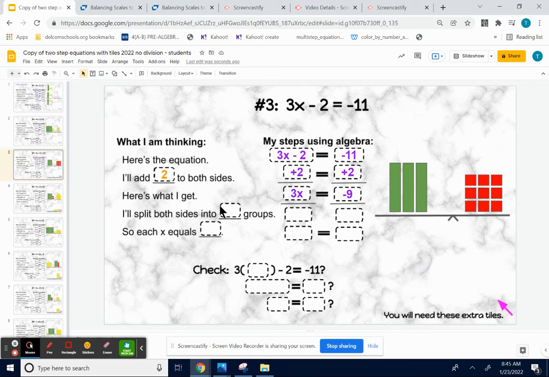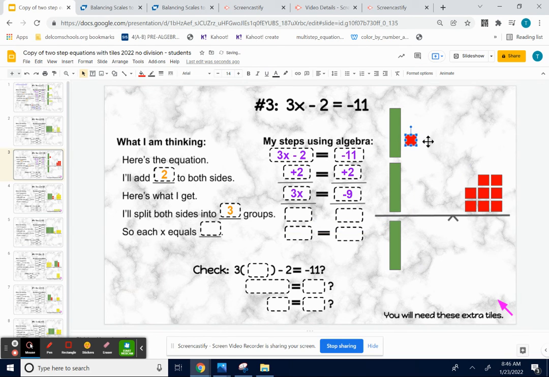I'm going to split both sides up now, because I want to give every trick-or-treater the same amount of red hot candies. So I'm going to divide each side up into 3 groups, because I have 3 trick-or-treat bags. One for you, one for you, one for you.